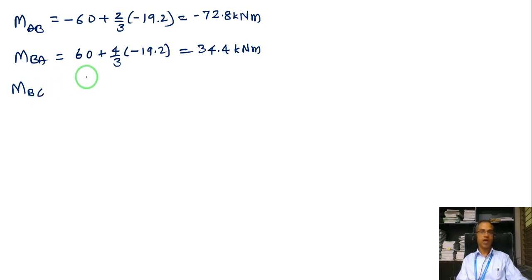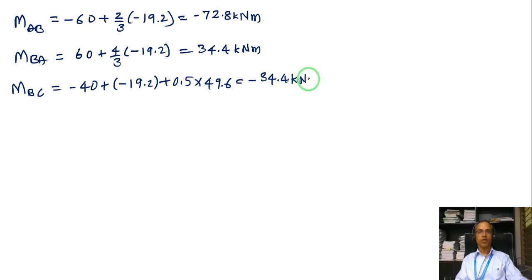MBC has to be minus 34.4, because minus 40 plus minus 19.2 plus 0.5 times 49.6 gives minus 34.4 kilonewton meter, and MCB will be equal to 80 kilonewton meter.